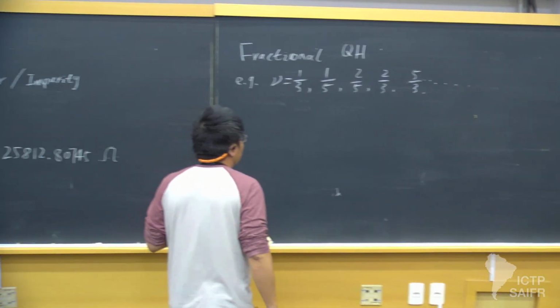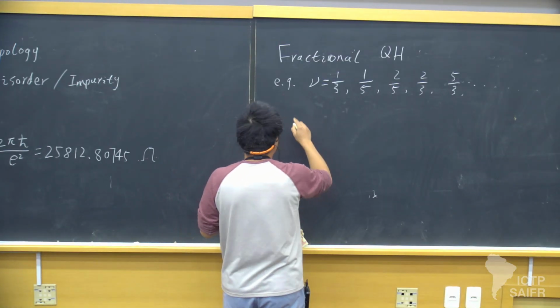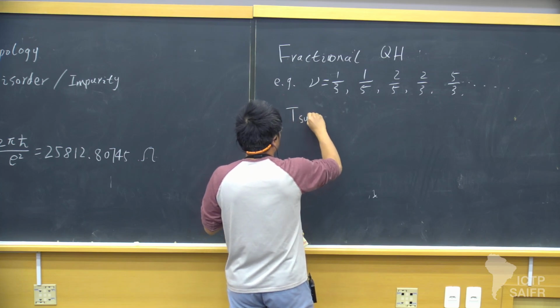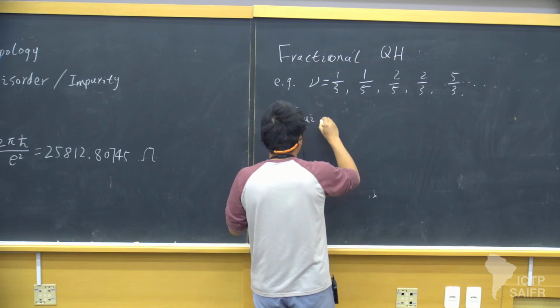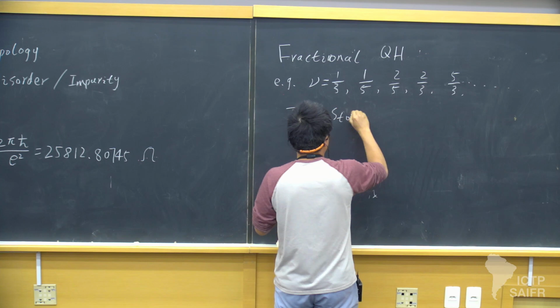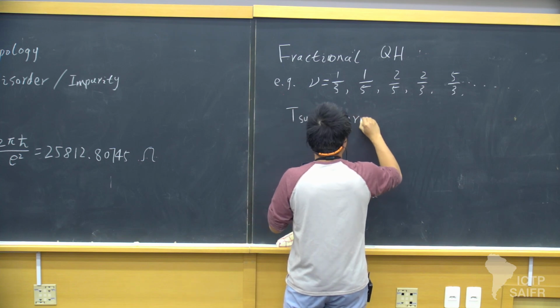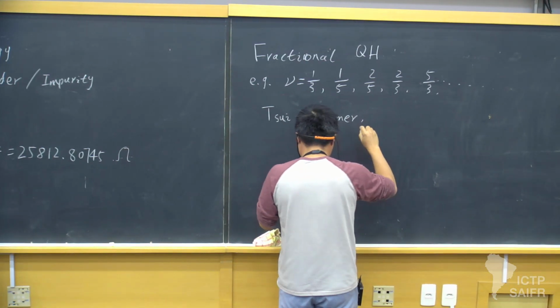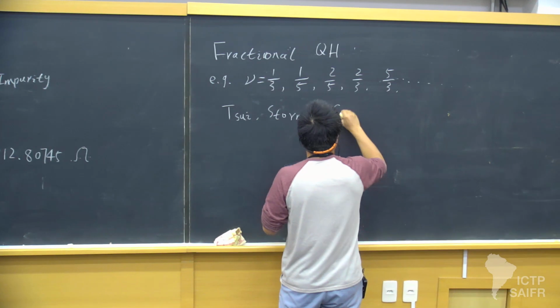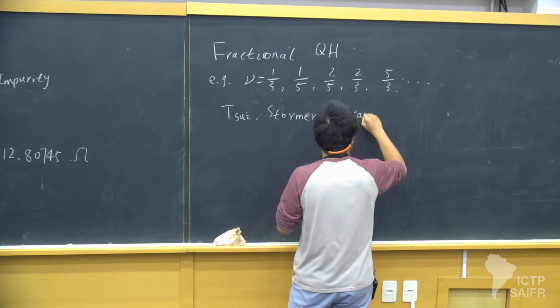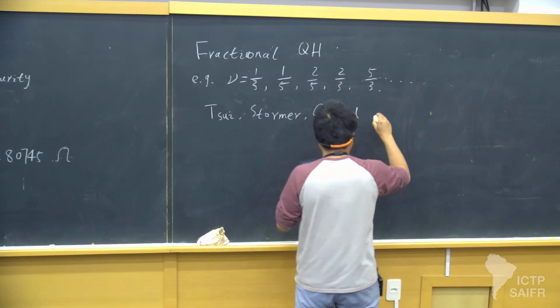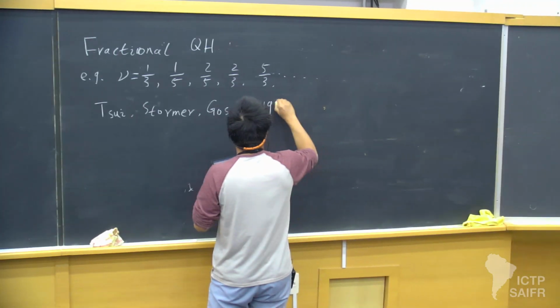Okay, and this fractional quantum Hall effect was originally discovered by those three gentlemen, Stormer and Gossard, in 1982.